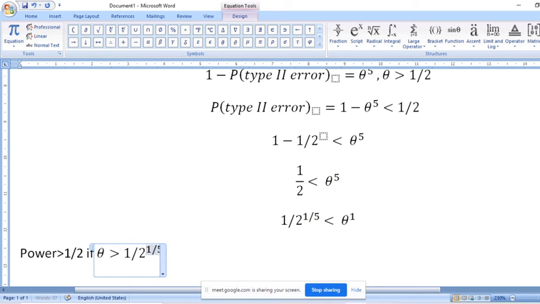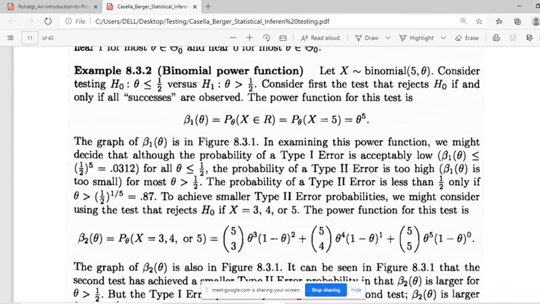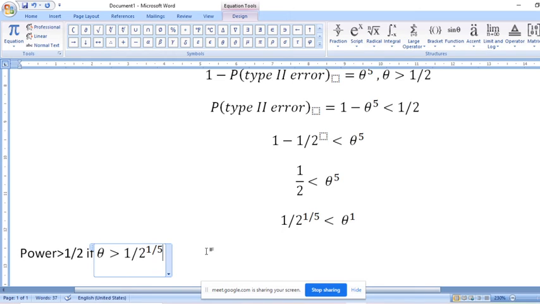That value is given in this book. It is 0.87. So if theta is greater than 0.87, power will be greater than 1 by 2.